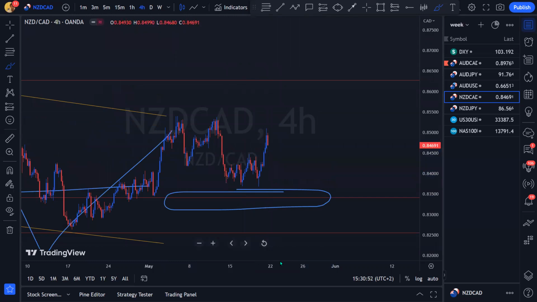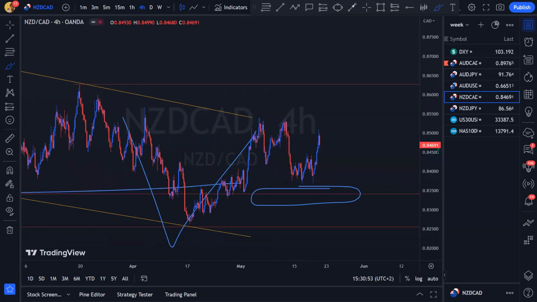Let's do ourselves a favor and let's plan. Now let's use our structure here. You guys can see we've got equal highs here, some sort of a double top, whatever the case is. We've got price action breaking this low, which means that on a smaller time frame, this is the most recent break in structure, right?